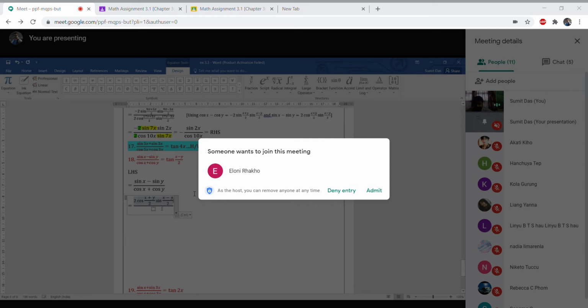I can directly put it in, and the cos x plus cos y formula is 2 cos of (x plus y) by 2 and cos of (x minus y) by 2.